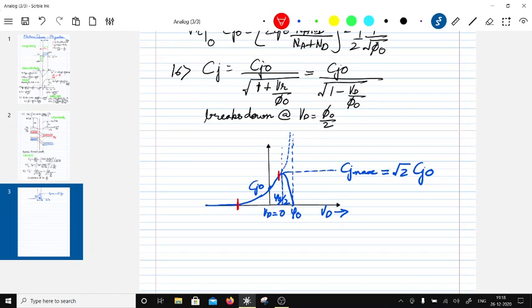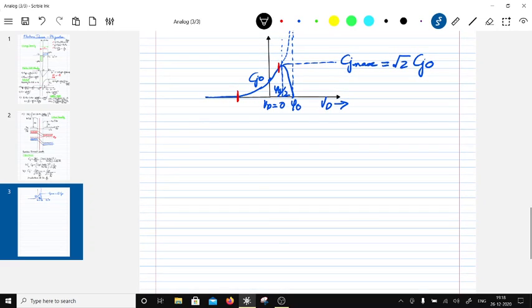Now let's jot down the applications of the PN junction diode, and I'm talking about reverse bias, so we haven't yet looked at forward bias.